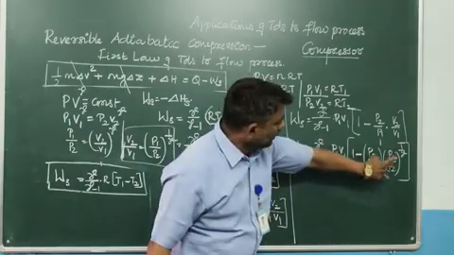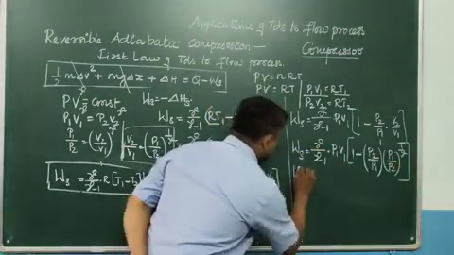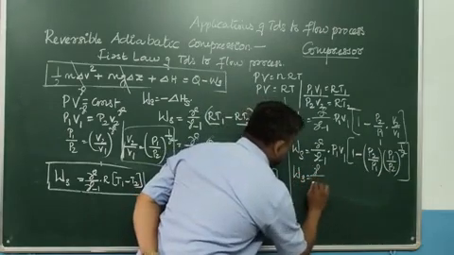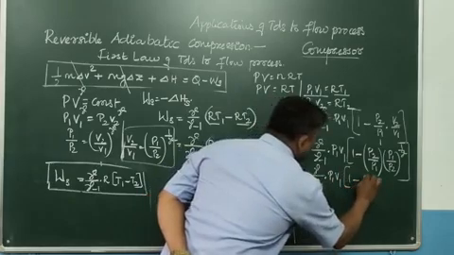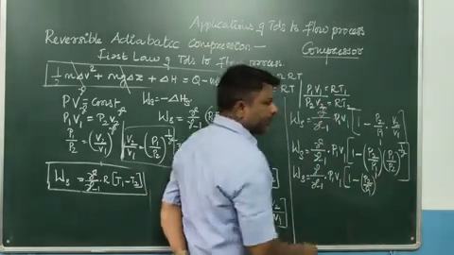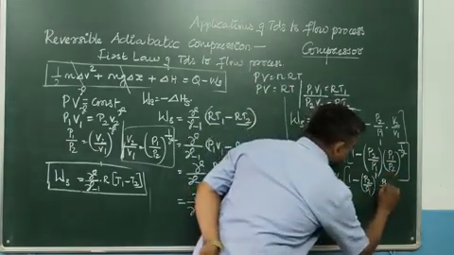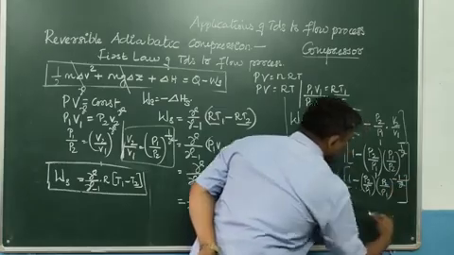I am going to invert this. Hence, shaft work Ws is gamma divided by gamma minus 1 into P1 V1 into 1 minus P2 divided by P1 power 1, P2 divided by P1 power minus 1 by gamma.